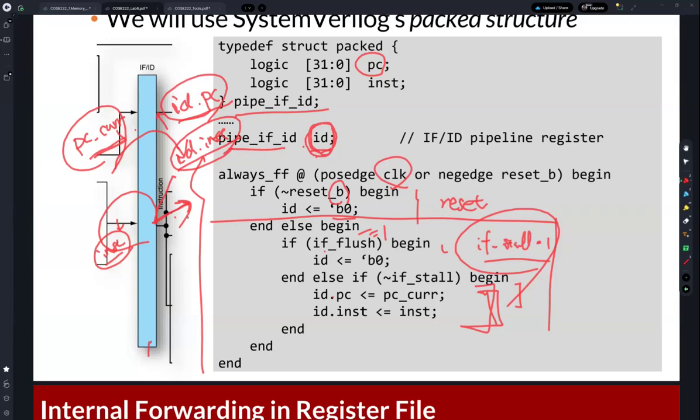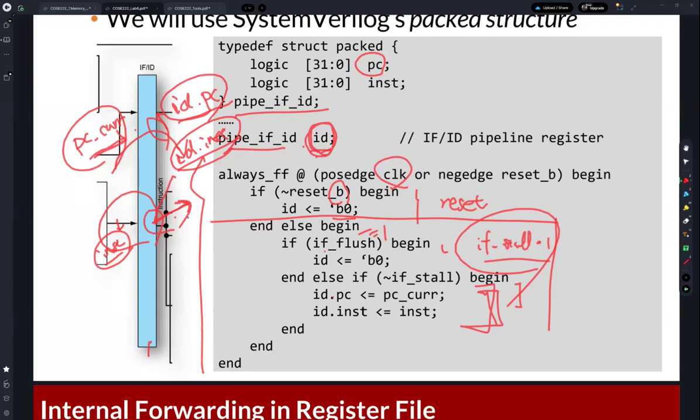If the pipeline is stalled, then these signals are just maintained. So we don't need to define the change of signal values in the D flip-flop. It's because this is the always on the FF. So it just defines the behavior of the flip-flop synchronized by the clock signal.